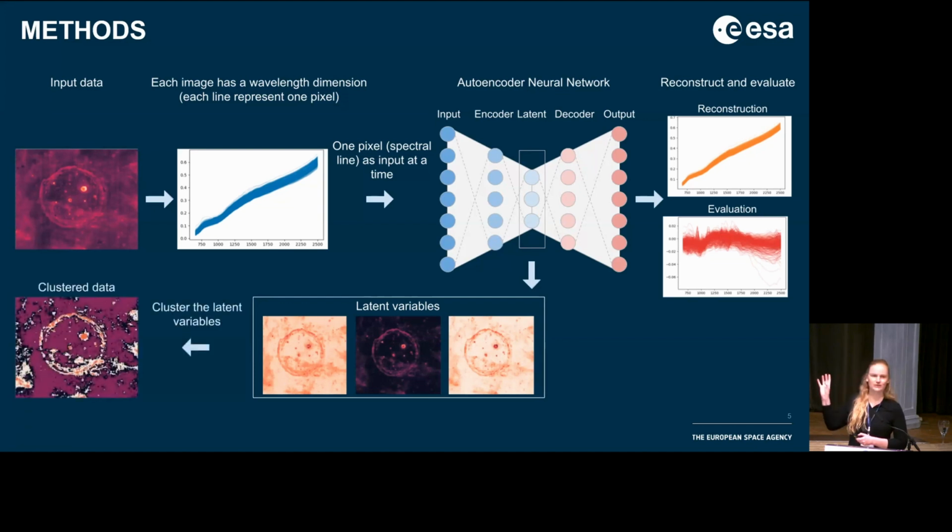Here you can see that instead of having, for example, the 70-something input data elements, you'll have just 3, in this case, latent variables. And then we cluster these latent variables. And in the end, we'll end up with this sort of clustered image of the data.